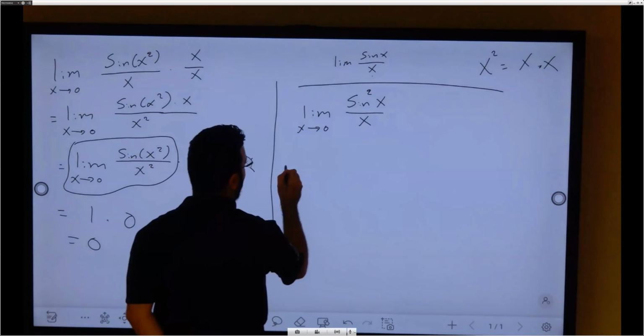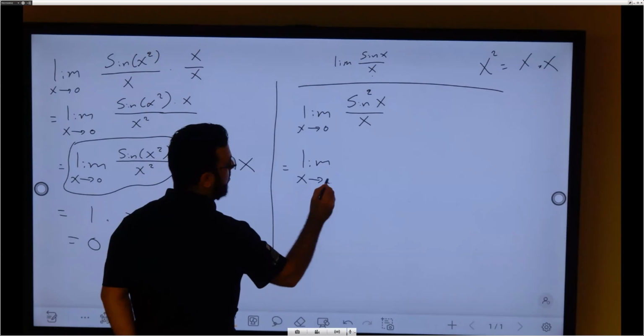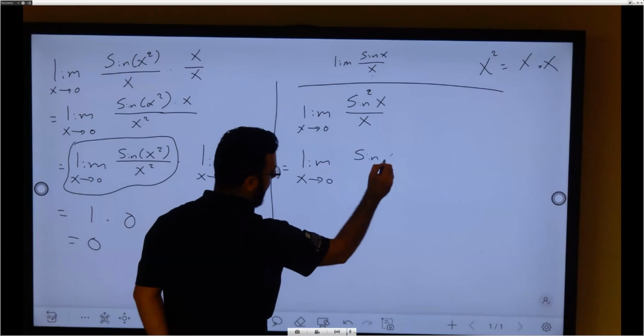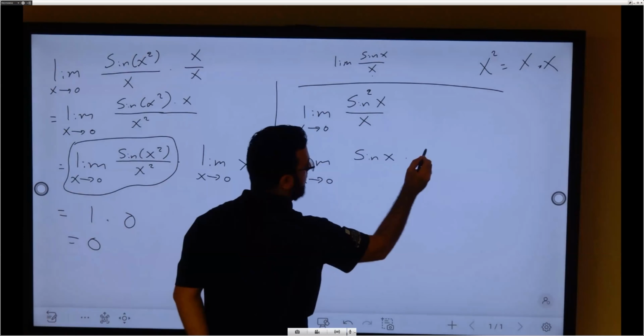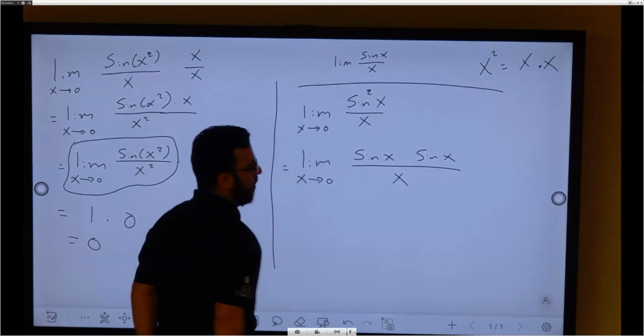You have the limit of sine x over x as x approaches 0. I'm going to say it's sine x times sine x over x times x.